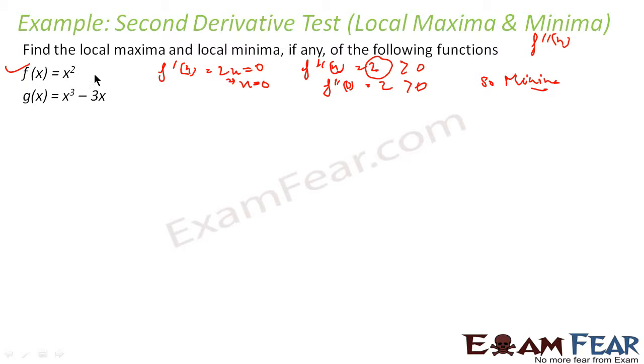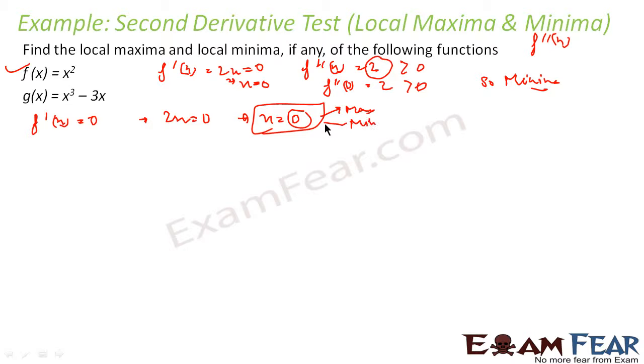See, what I've done here is, my f x is equal to x square, f dash x is equal to 2x, and f dash x has to be equal to 0 for critical points, that is 2x equal to 0, or x equal to 0 is my critical point. Now I have to find whether x equal to 0 is maxima, minima, or point of inflection, three possible cases.